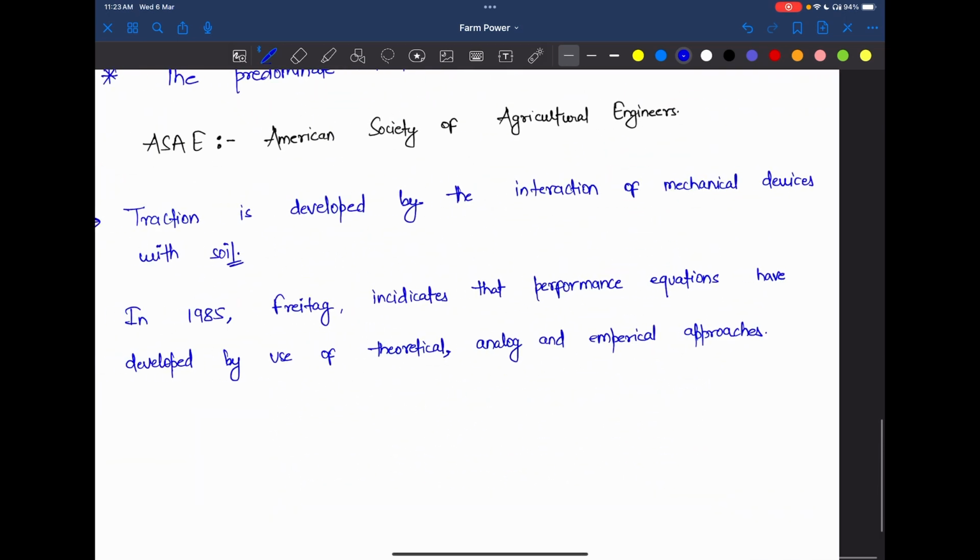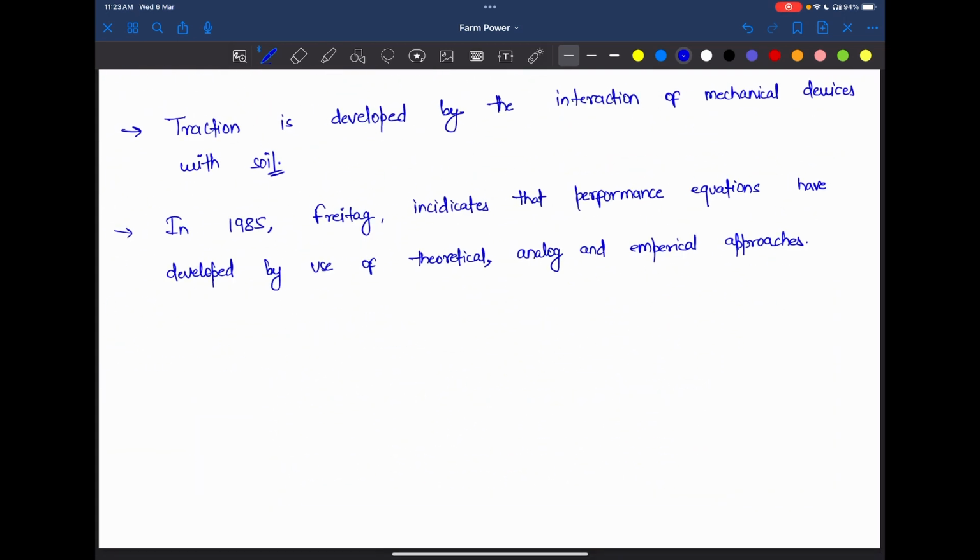Theoretical, analog and empirical approaches, Freitag in the year 1985.